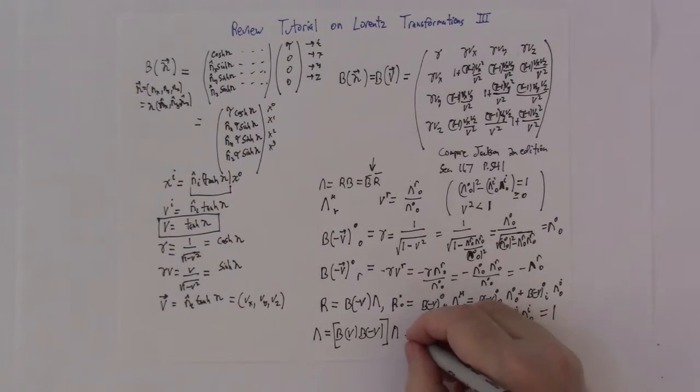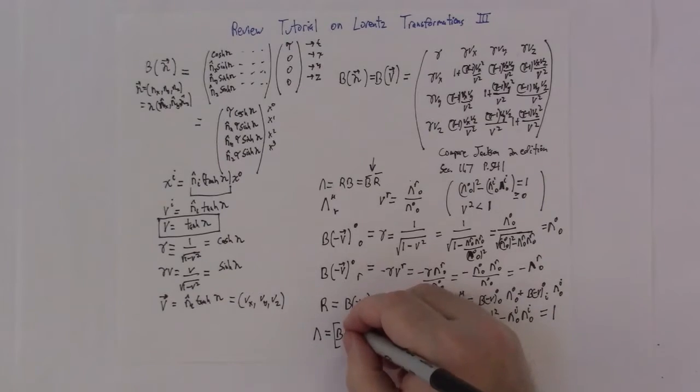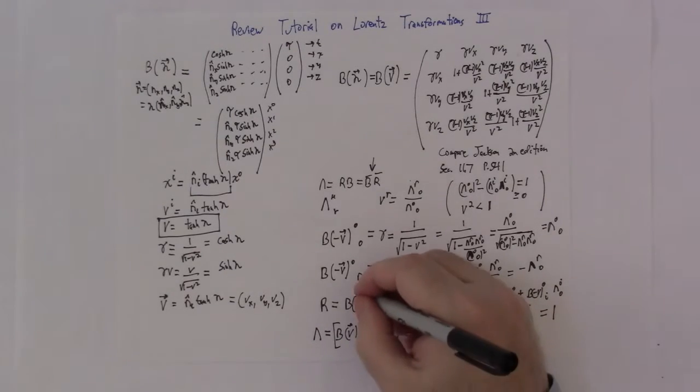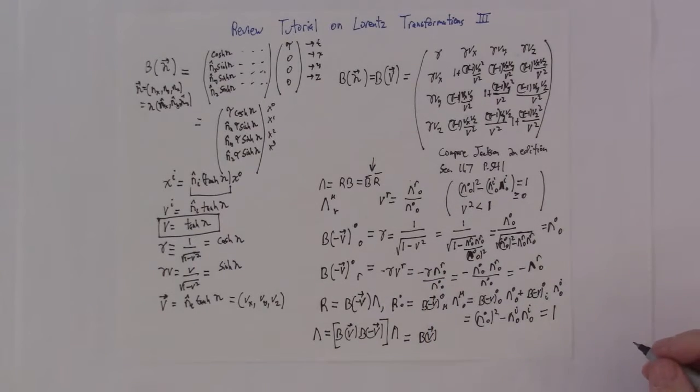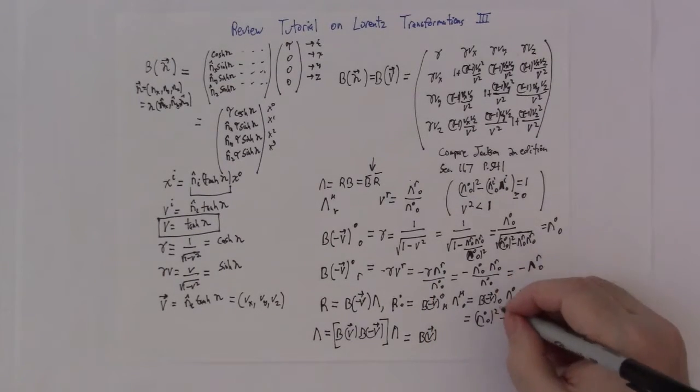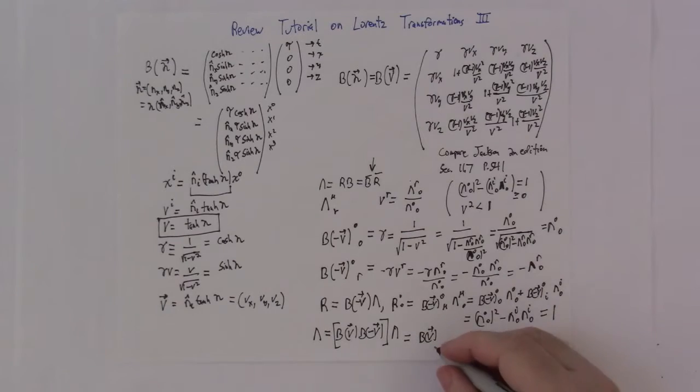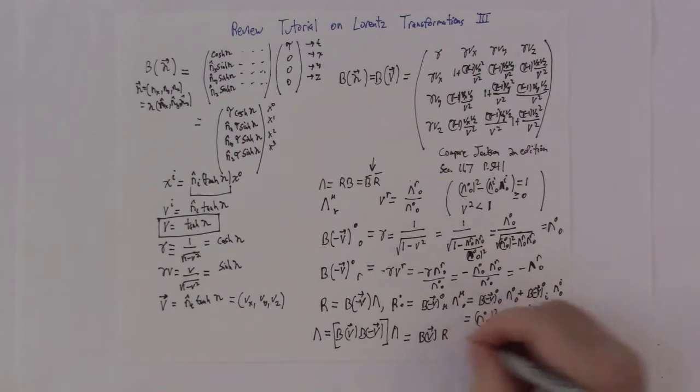And this is equal to BV, which is that. And then we define B of minus V times lambda as R. And this is our proof.